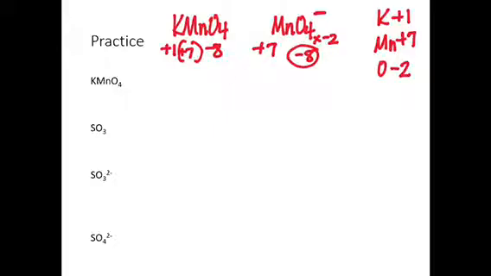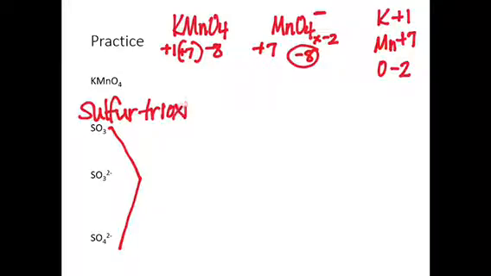Okay, so now these next 3 are kind of interesting because they're all just sulfur and oxygen. So we have sulfur trioxide, not sulfite. And I caught some of you on that with the nomenclature quiz. You saw SO3 and you just wrote down sulfite, but without a charge, that is not sulfite.